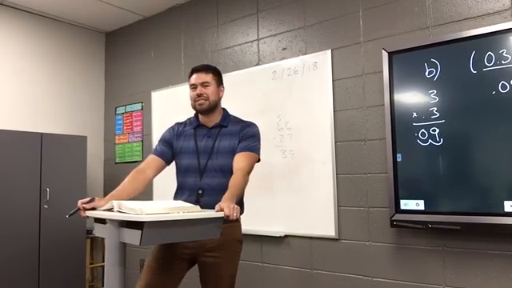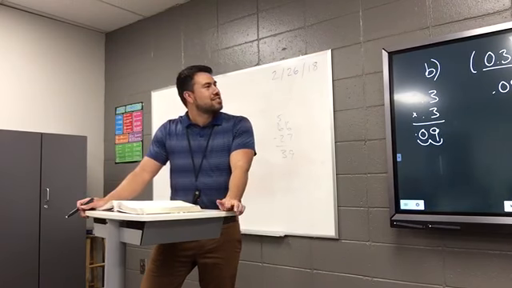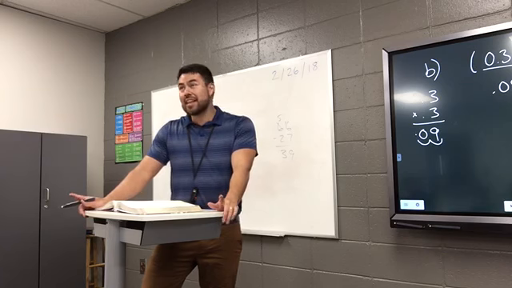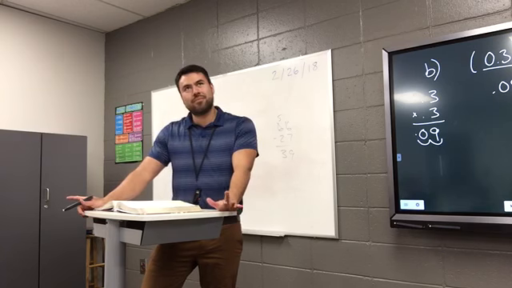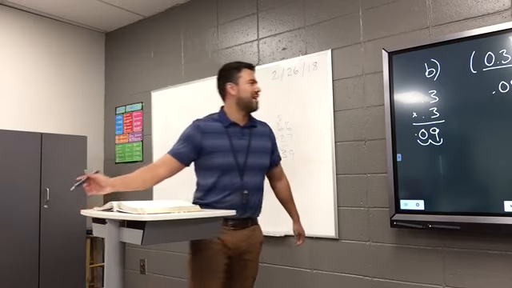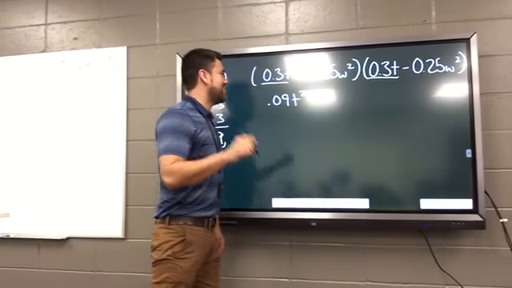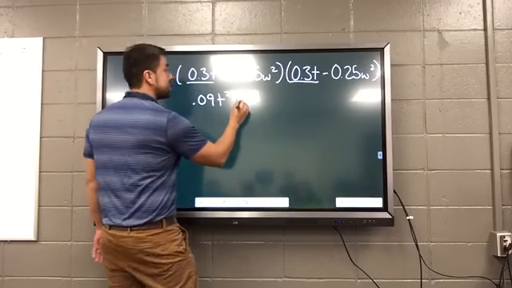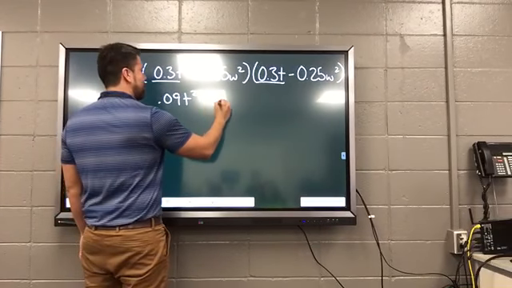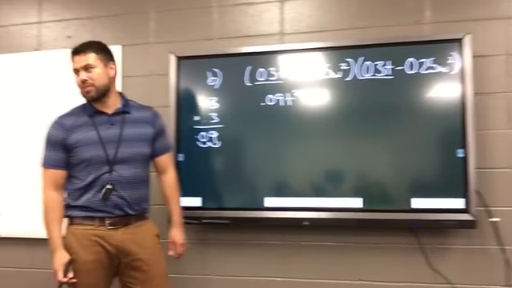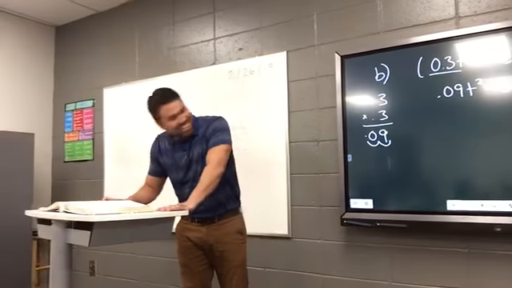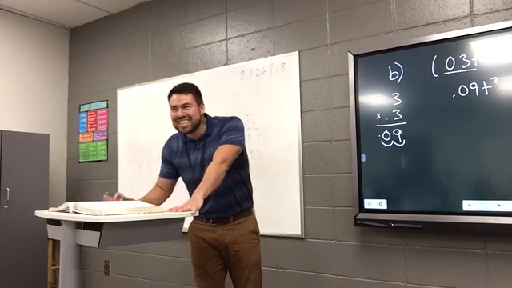Negative 0.75 tw. I'm not sure if you said it right, but it is negative. Say that one more time, Jack. I just want to make sure you got it.